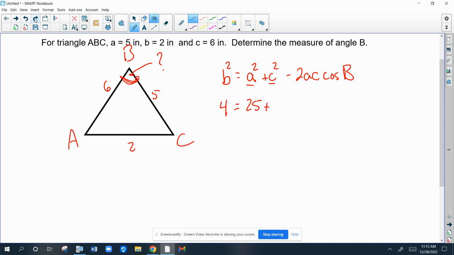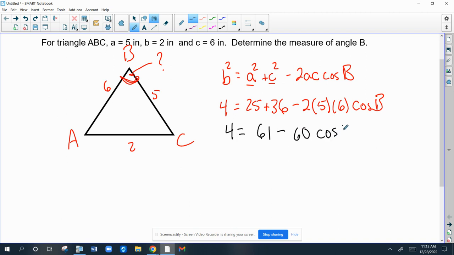So here we go. The first thing you could do, if you're more comfortable, is add the 25 and the 36. And then multiply the 2 times 5 times 6, which is 60.